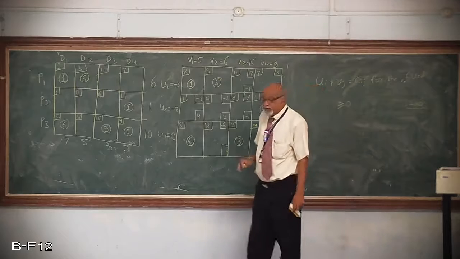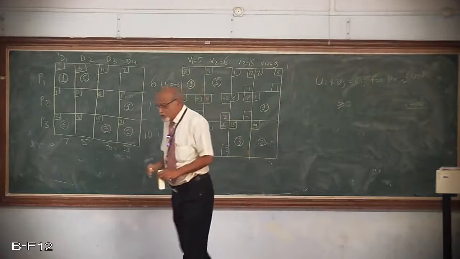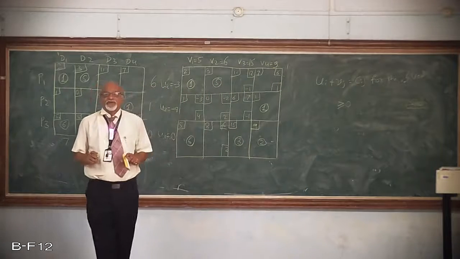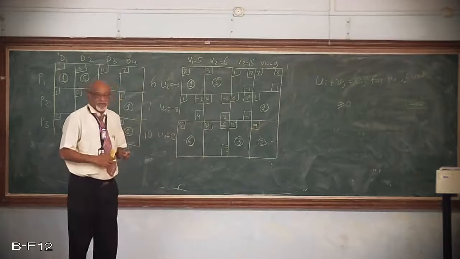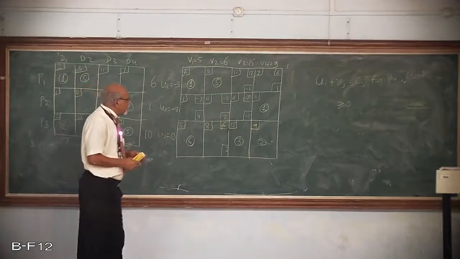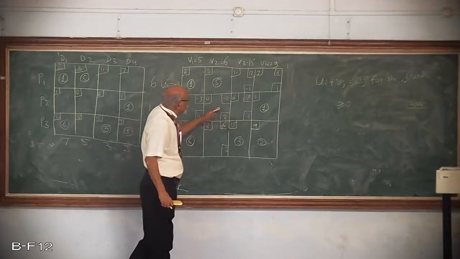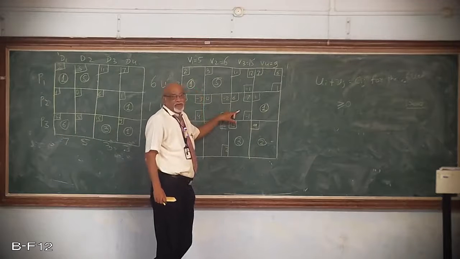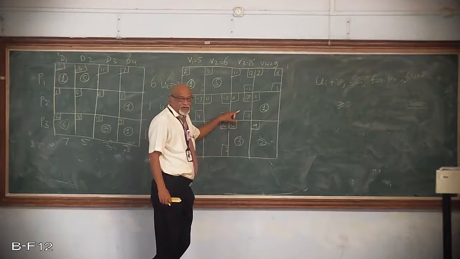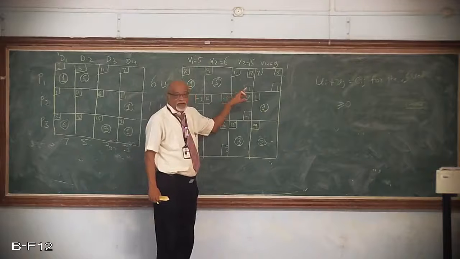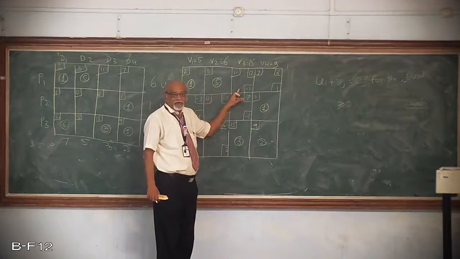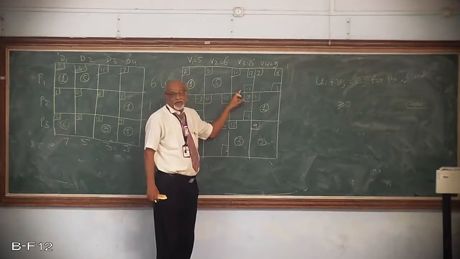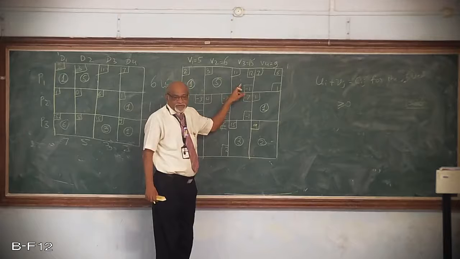That means optimal condition is not reached. There is a possibility that for allocation of each unit, either in this cell or in this cell, for each 1 million liters of milk, one is going to save 100 rupees. That is what it means.